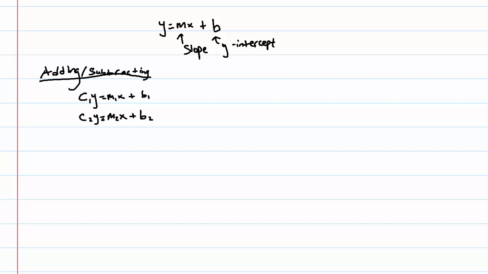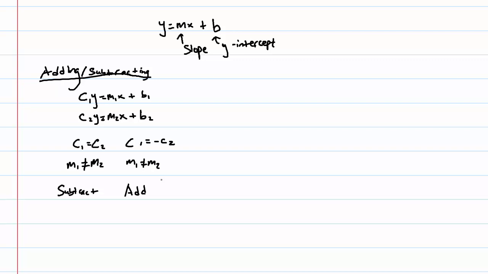Now what we can do is get rid of one variable entirely by adding or subtracting our equations. For example, if C1 equals C2, but m1 does not equal m2, then we can subtract these two equations and y will cancel out. Or if C1 equals negative C2 and m1 does not equal m2, then we can add these two equations.